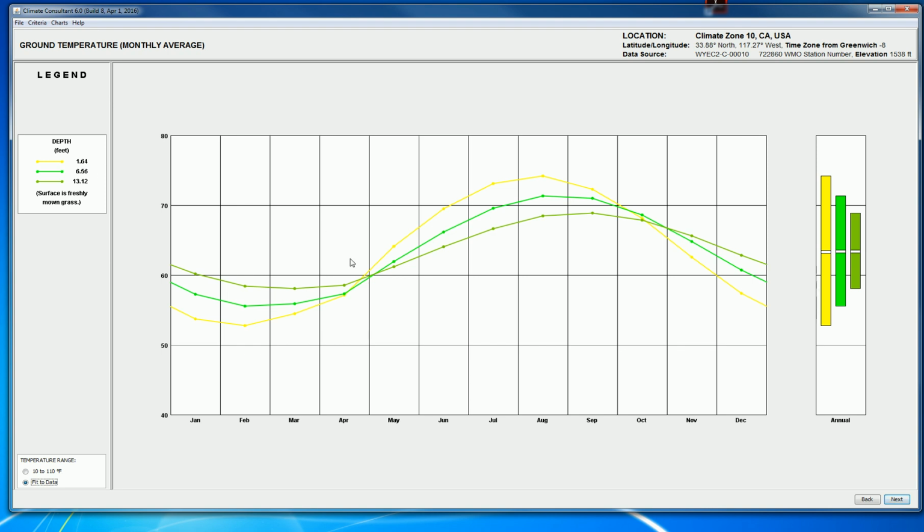One of the things about designing and understanding soil temperature is that in some climates, it sometimes helps if you have something called earth sheltering.